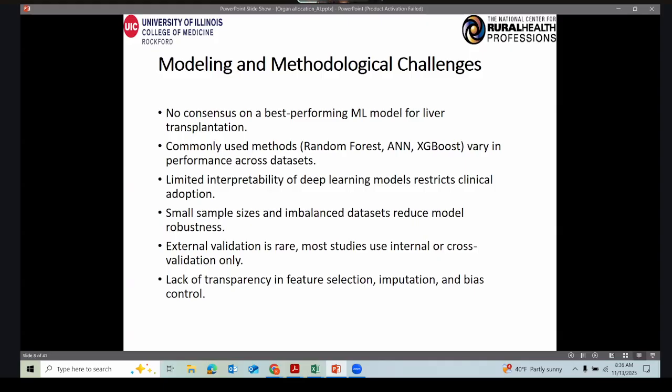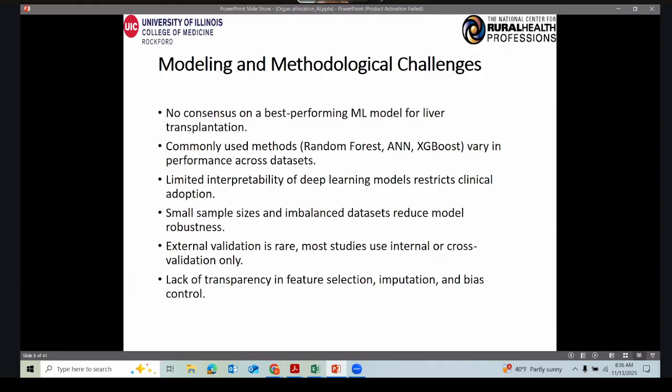Finally, there is a lack of transparency in how the models are developed. Many papers do not clearly describe which features were selected, how missing data were handled or imputed, and how potential biases were controlled. This lack of methodological clarity makes it difficult to reproduce the results or compare models across studies.